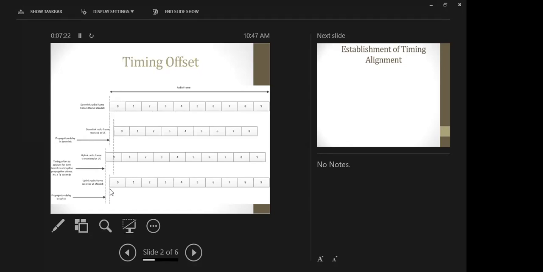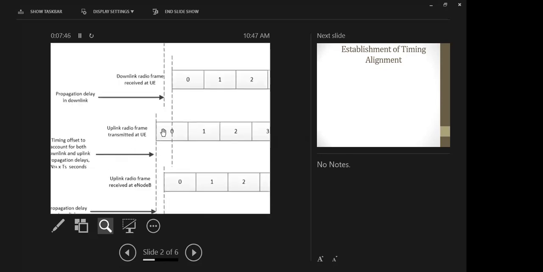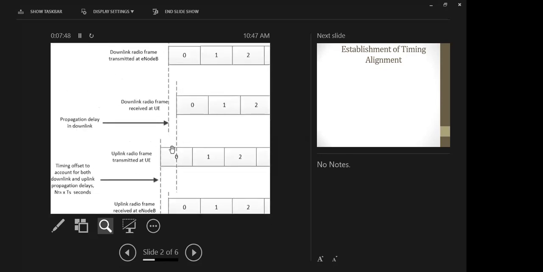Now what happens in reality, the E node B keeps checking the beginning of the radio frames, and it keeps sending some correction information to the EV, and that correction tells how much difference there should be.